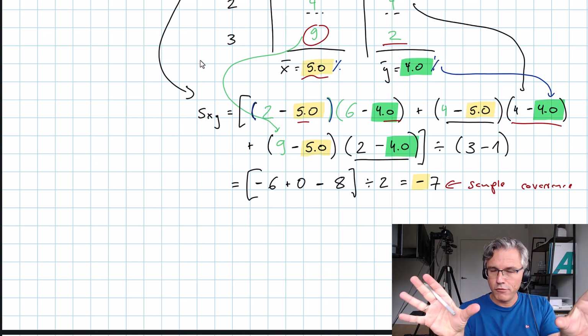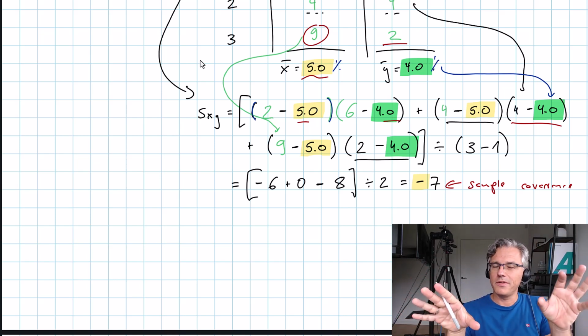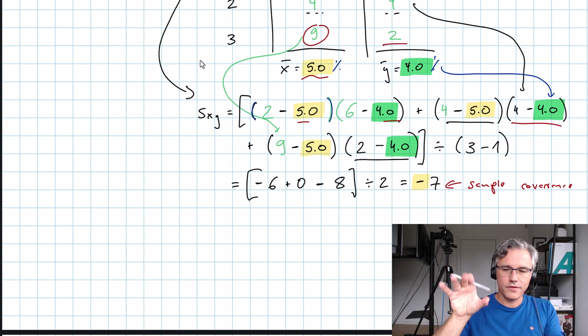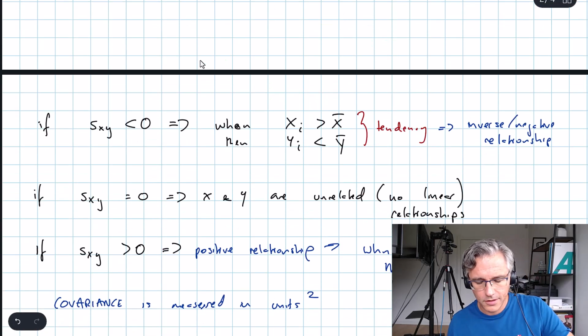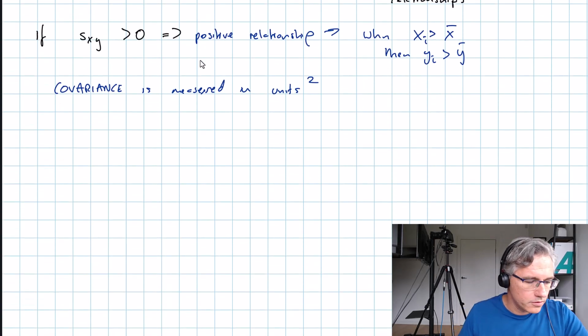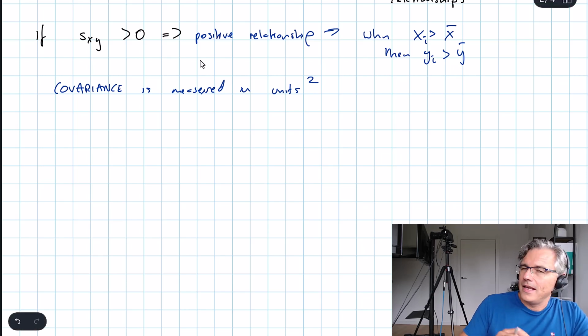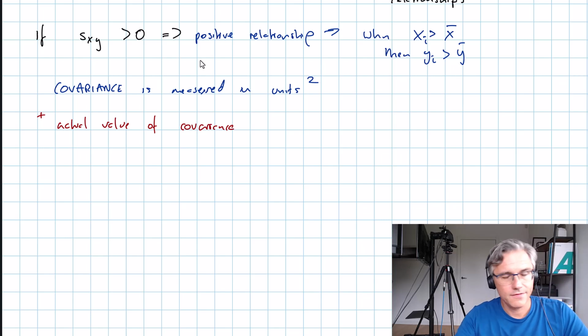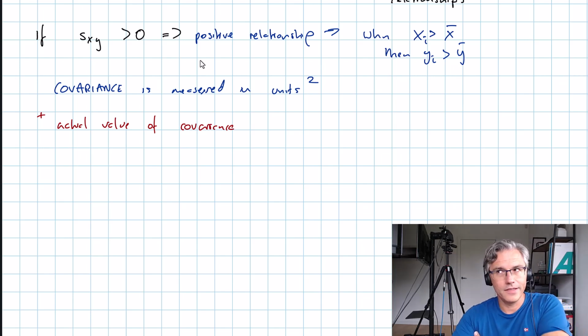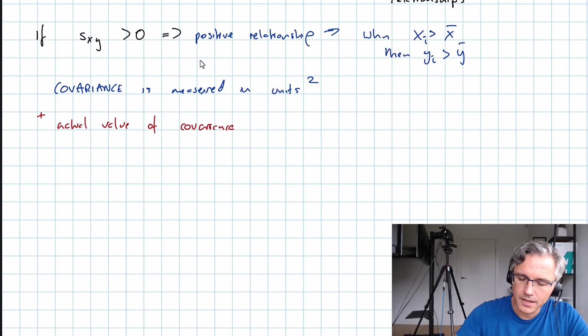So you've got two brackets, each one computing values in percentages, and because you're multiplying a percentage value by a percentage value, the result comes in at percentage squared, which is very difficult to interpret, impossible to interpret. And as I said, the actual value of covariance, whether it's -7 or -70 or -700, is meaningless. It really depends on the magnitude of the observations.